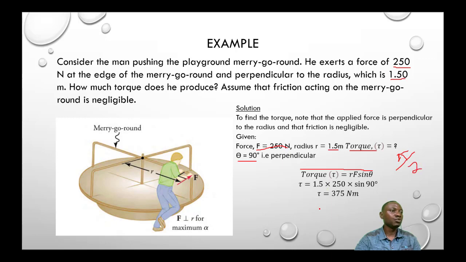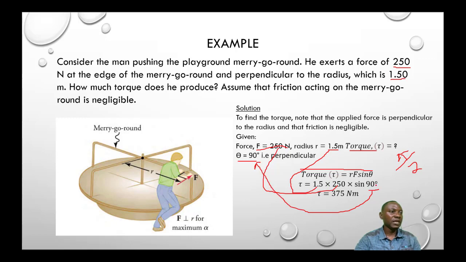Now if you supply the parameters into the equation, the radius is 1.5, the force given is 250 Newton, and the angle of rotation is 90 degree.